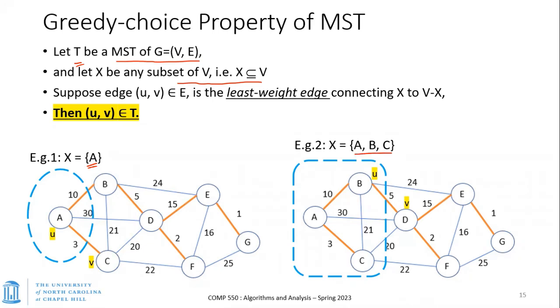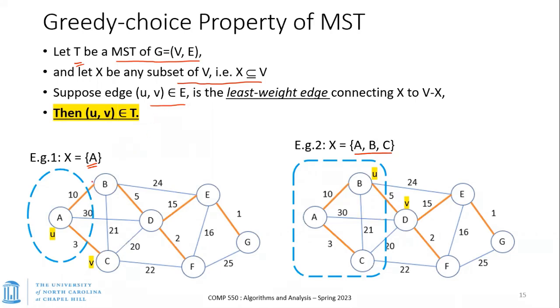If you take any subset X of V, let edge UV be the least weight edge that connects X to V minus X. Essentially, we're cutting the graph into 2 disjoint parts.